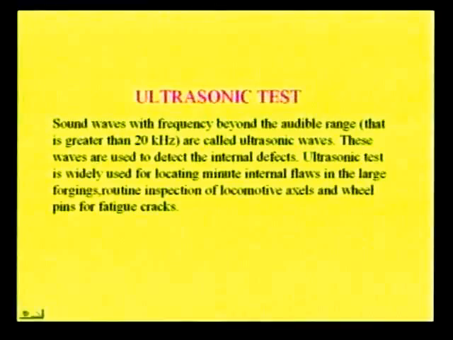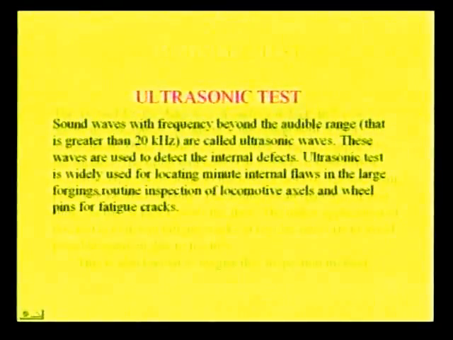Such ultrasonic waves are used for different purposes like welding, but here they are used for finding internal defects. The ultrasonic test is widely used for locating minute internal flaws in large forgings, and for routine inspection of locomotive axles and wheel pins for fatigue cracks.